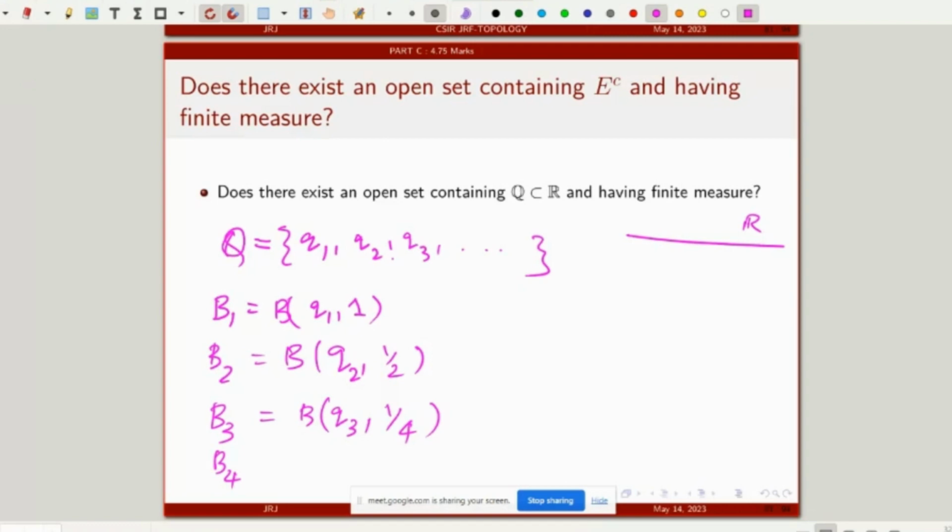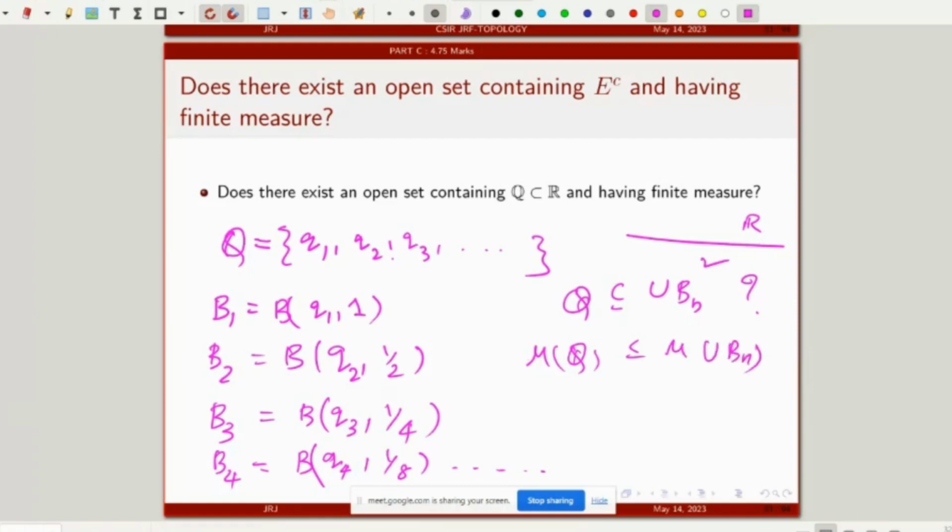B4 equal to the ball centered at Q4 with radius 1/8. Go on like that. If I consider the union of Bn, will Q be contained in the union of Bn? Yes. Then the measure of Q will be less than or equal to the measure of the union of Bn, which will be less than or equal to the summation of the measure of Bn.